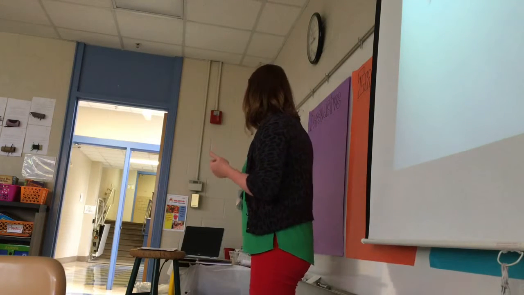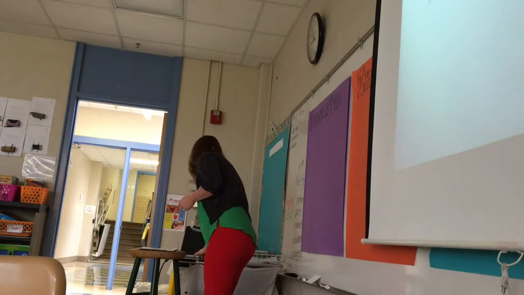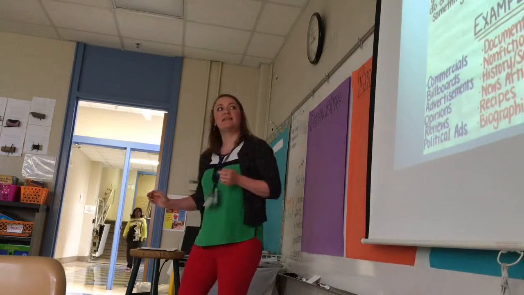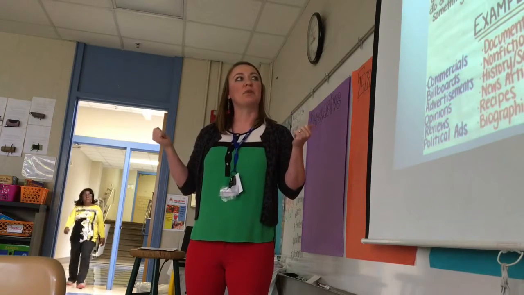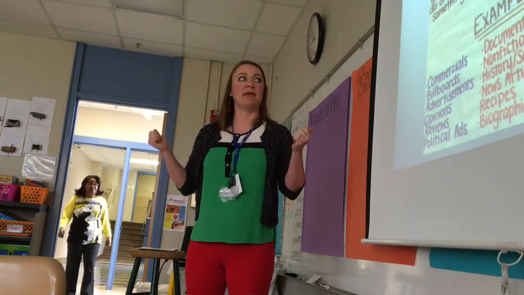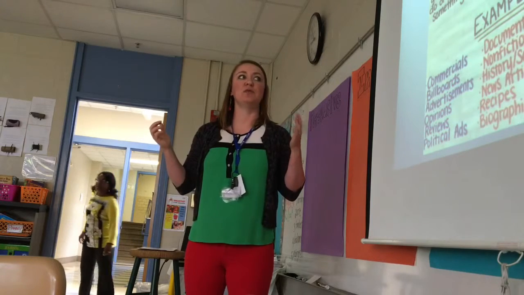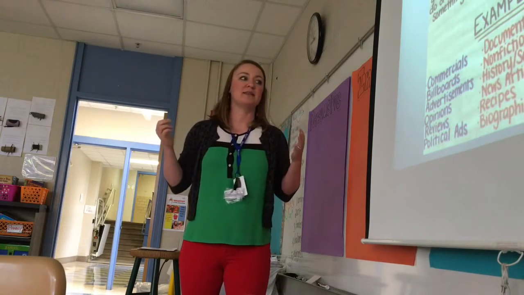So just to go a little bit deeper into this, like I said, author's purpose is easy as pie. Persuasive text means that the author is trying to get you to do or try something.